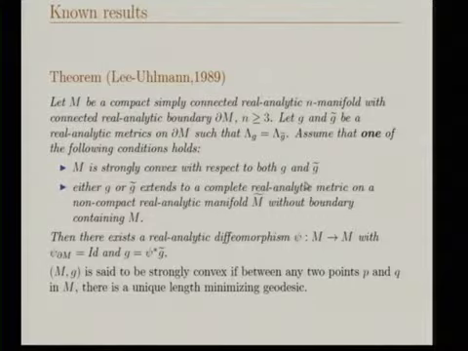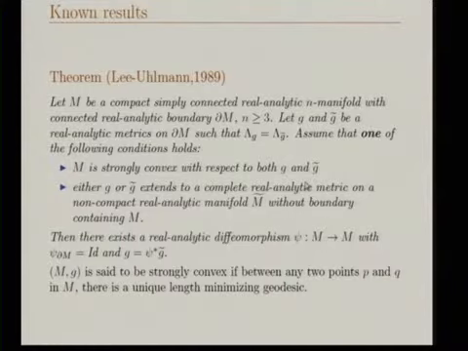The known results: if you consider the metrics G and G tilde to be real analytic, so you have M as a compact, simply connected, real analytic n-manifold with real analytic boundary, and you also require that G and G tilde be real analytic metrics, and if lambda G is equal to lambda G tilde, then, this is a condition that was present in this paper by Lee and Uhlmann in 1989, which appeared in CPAM, but this can be removed, as we will see in the next slide.